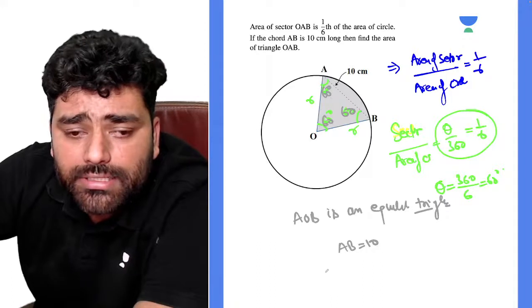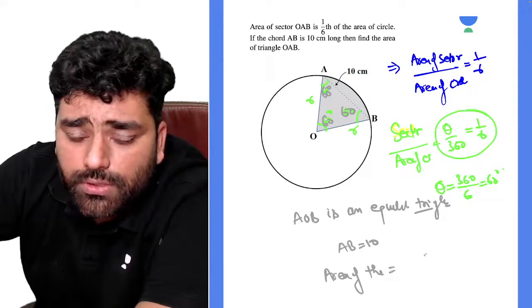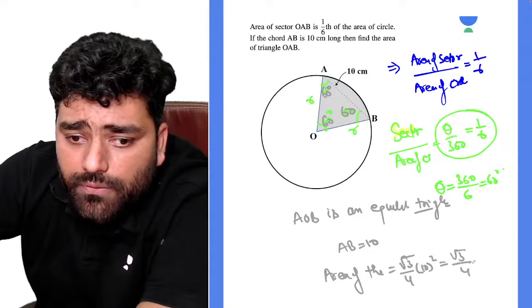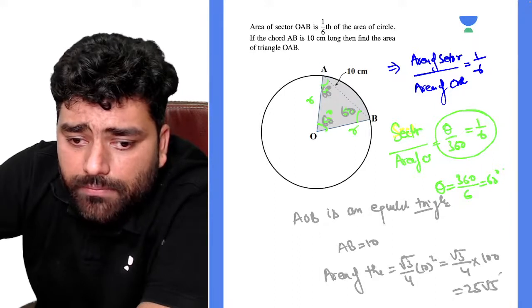So what is the area of this triangle? The area of an equilateral triangle, you should know the formula, is root 3 by 4 a squared, and a squared is what? 10 squared. So root 3 by 4 into 100 is going to be 25 root 3.